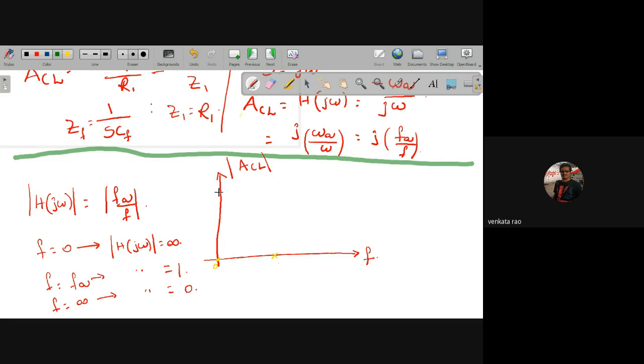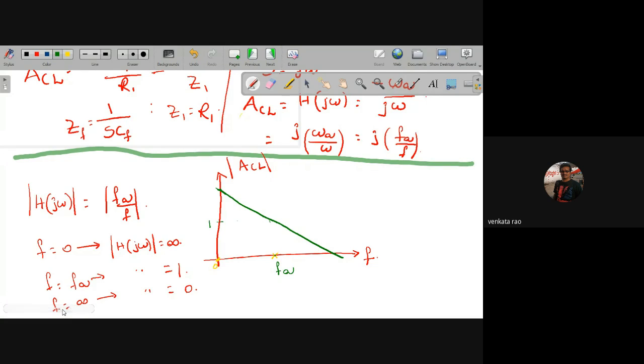At F equal to 0 it is infinity. At F equal to FA, it becomes 1. At F equal to infinity, it becomes 0. This is the plot.